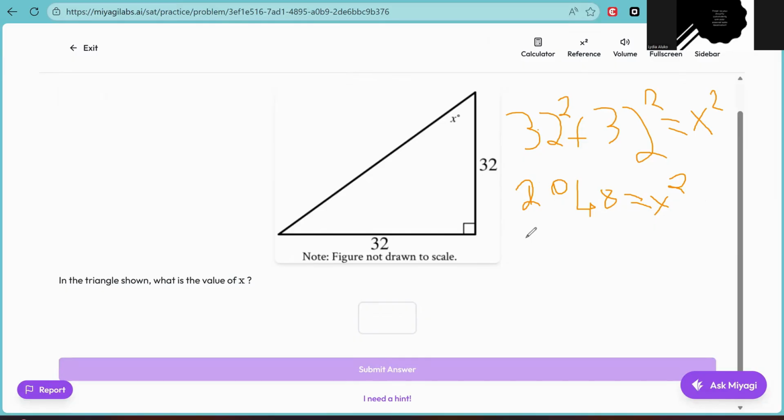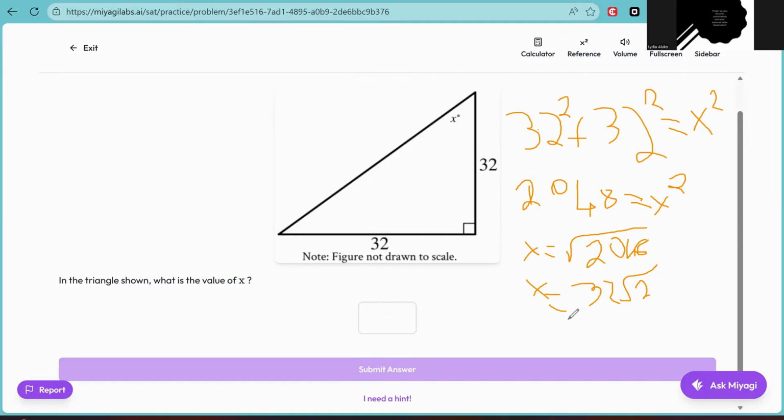When we solve for x, now we're just looking for the square root. So that would be x equals the square root of 2,048, which will go down for us to 32 square root of 2.